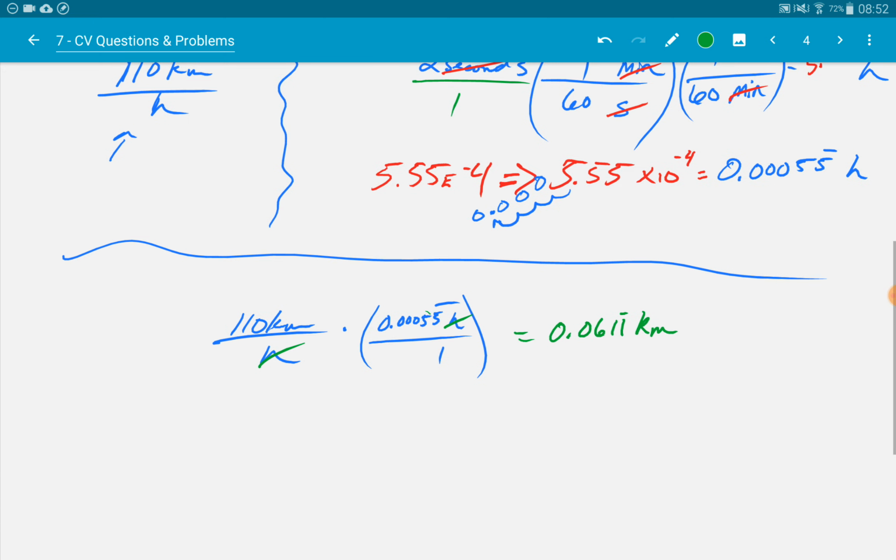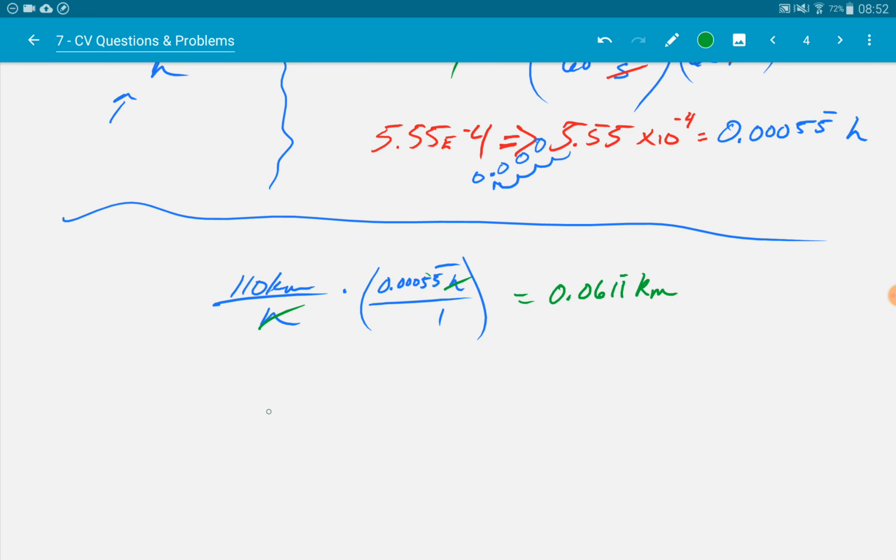I'll add one more thing to this, and that is the fact that we know that velocity is equal to my displacement. Remember, delta x is the same thing as displacement over my time. And that is very similar to speed being equal to something divided by time, and that is not displacement, but distance.